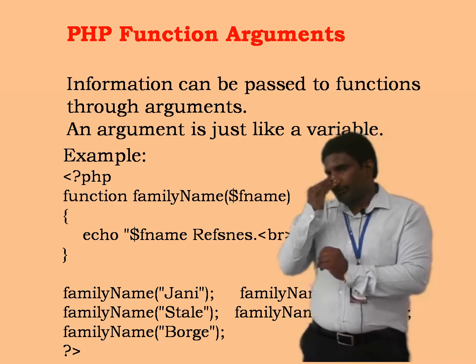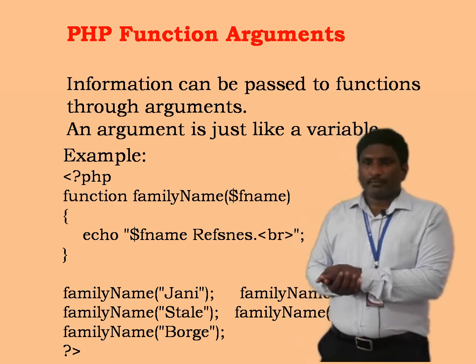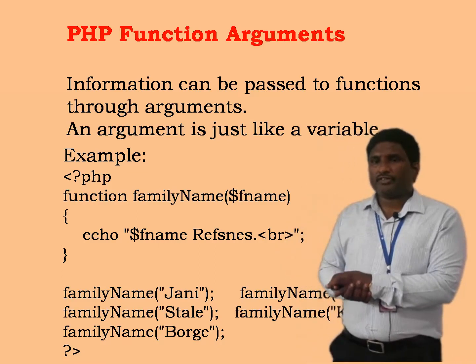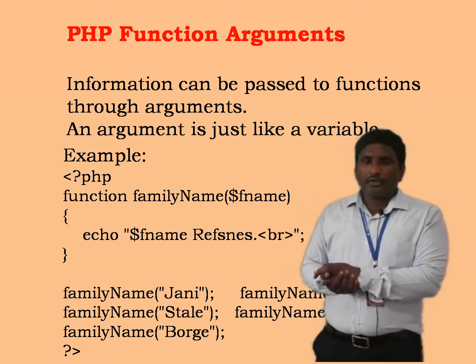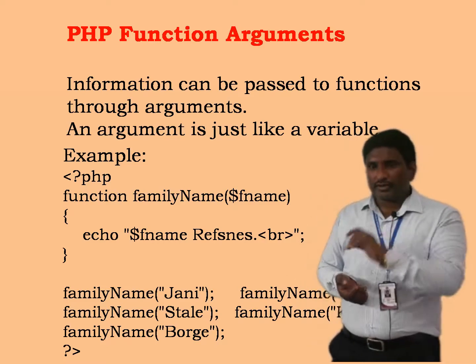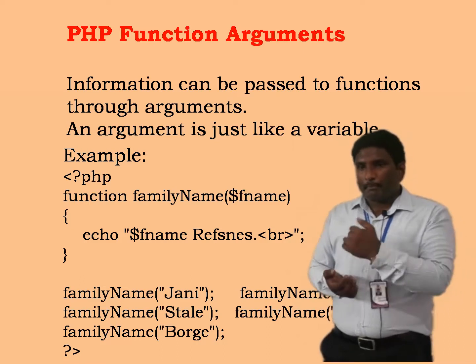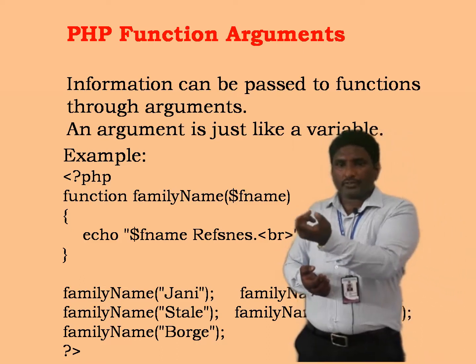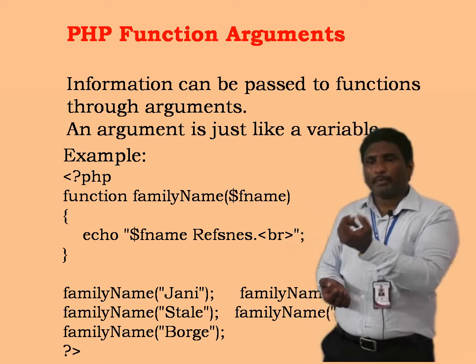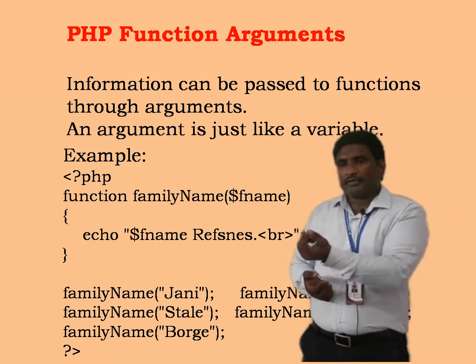Variables are declared by using a dollar sign, so $fname means first name. In this function, I am going to print whatever argument is passed to familyName. That is my idea, and the BR tag is to go to the next line.